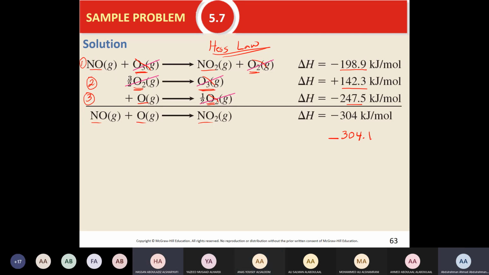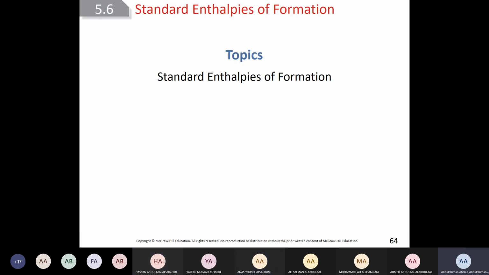Good. Next, let's go to another topic, which is called standard enthalpies of formation. What's the meaning of formation? Making.